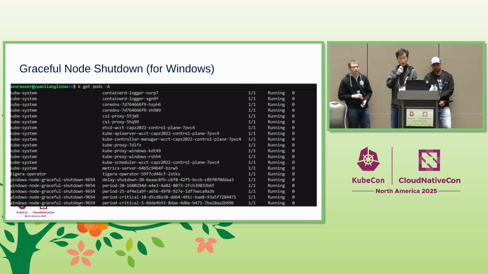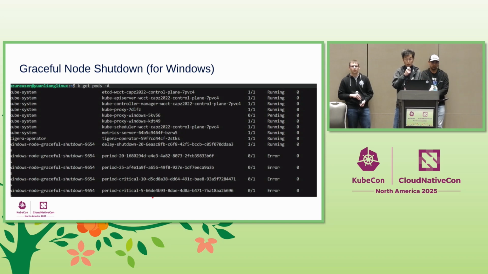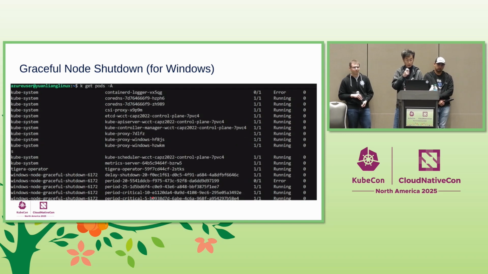So in the beginning, we can see that all the pods we created are in the running state. And then we initiate the shutdown of one of the Windows nodes. After some time, it gets triggered.